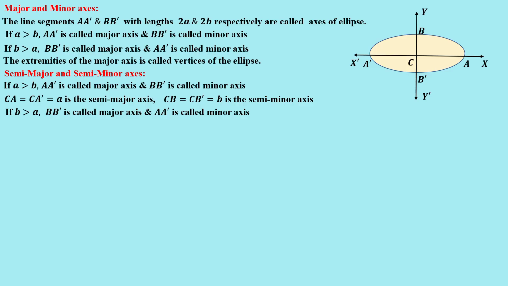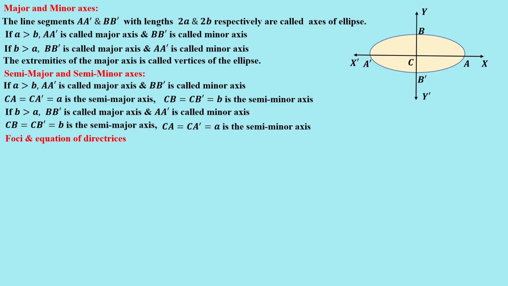Similarly, if b is greater than a, B B dash is the major axis, A A dash the minor axis. So CB dash, which is equal to b, is the semi-major axis, and CA dash, which is equal to a, is the semi-minor axis.